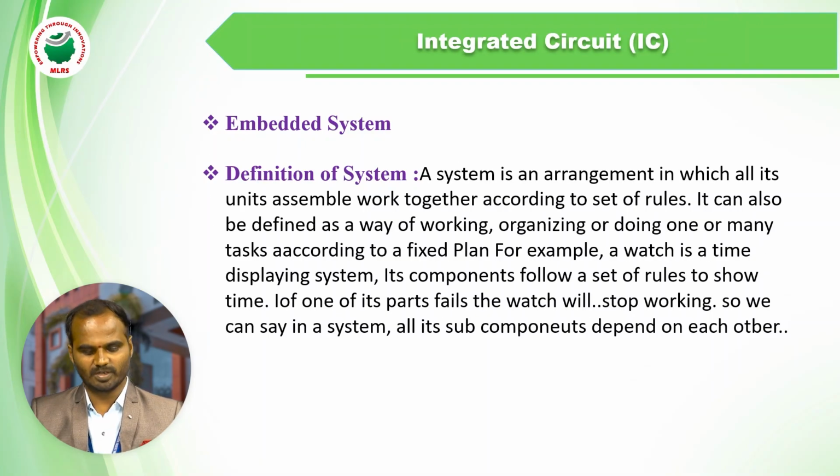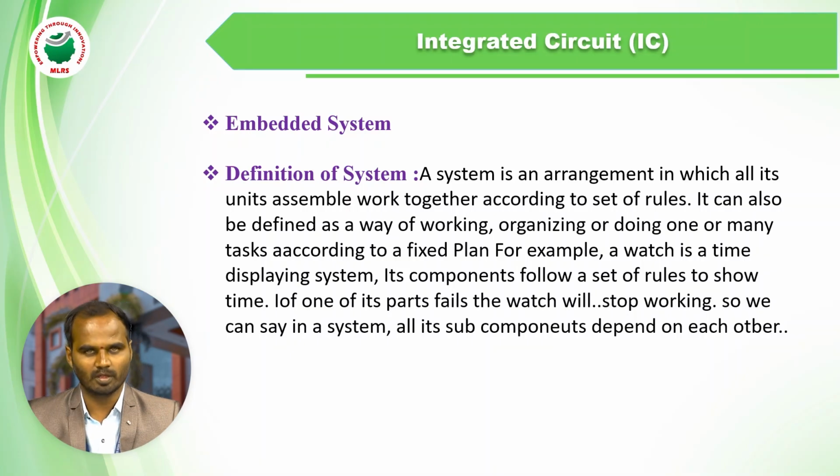In embedded systems, first we are going to know the definition of a system. A system is an arrangement in which all its units assemble and work together according to a set of rules. What is the definition of embedded system?